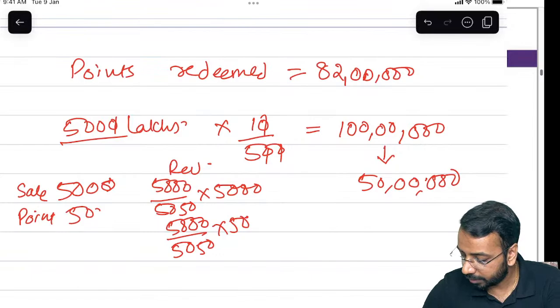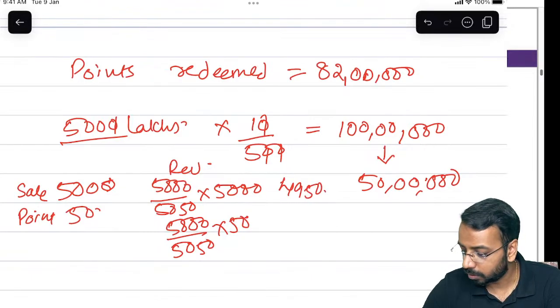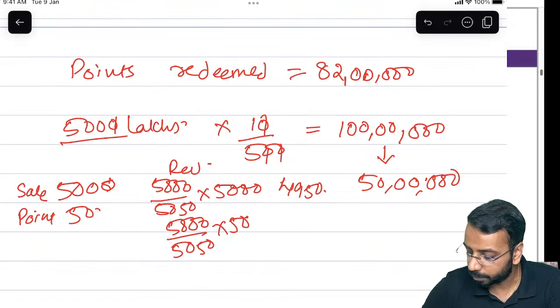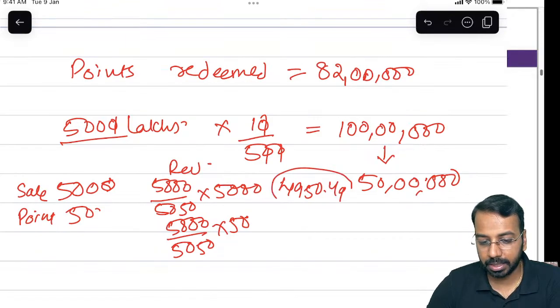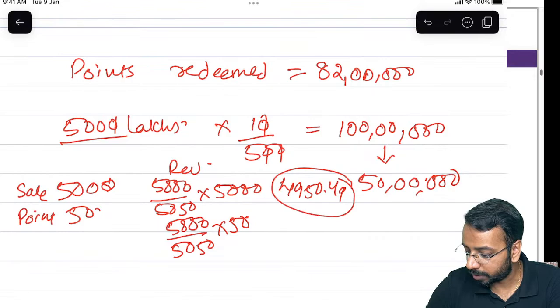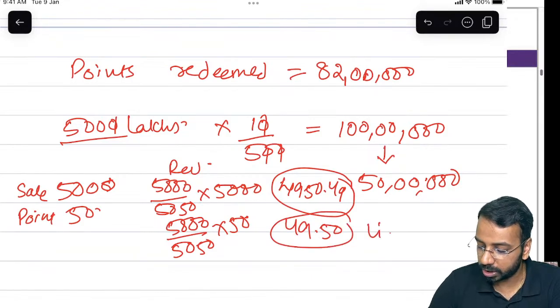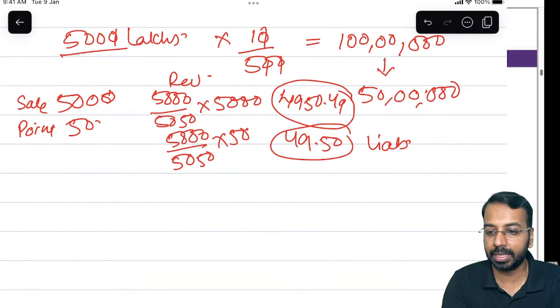So revenue will be 4950.49, and here it will be 49.50. This will be a liability. Okay, so this is for the sale part. Whenever you make that sale, that is how you will account for it.